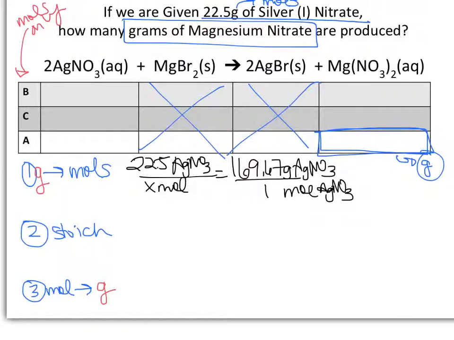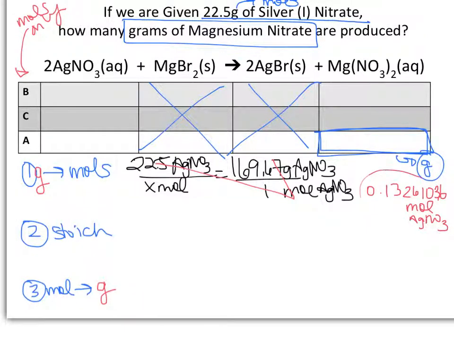From here, we could go ahead and do our math, cross multiply, and divide and get our answer. In this case, the answer that we get is 0.13261036. And so that is our moles of our silver nitrate.